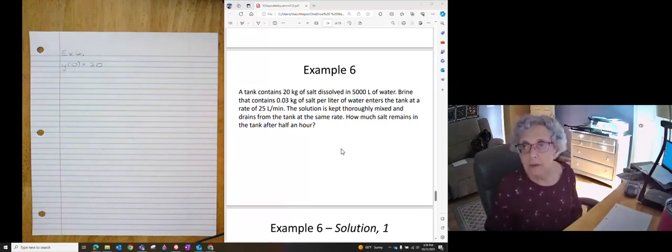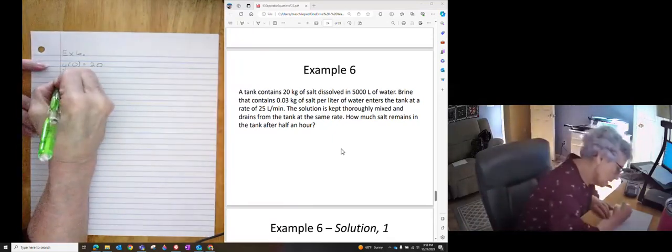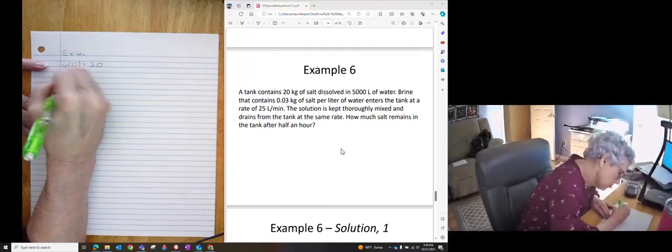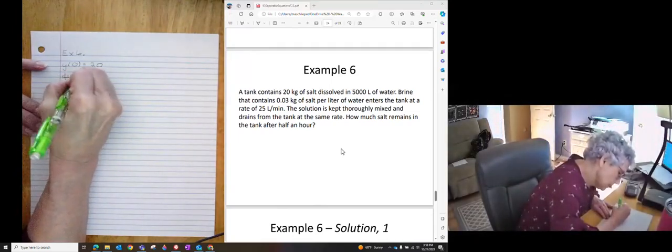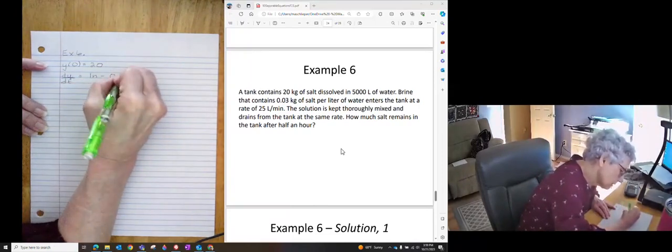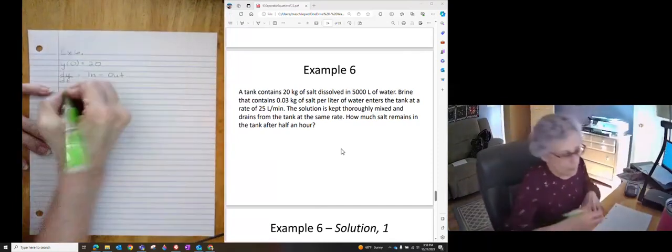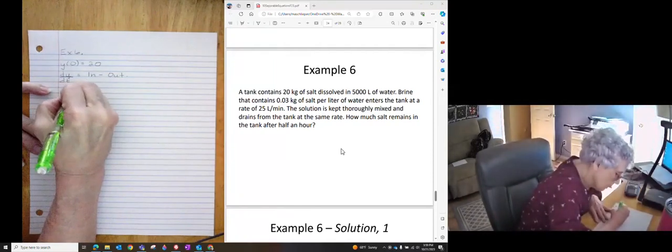Brine that contains 0.03 kilograms per liter enters at 25 liters per minute. So dy dt is equal to the in rate minus the out rate. Start with the in rate.